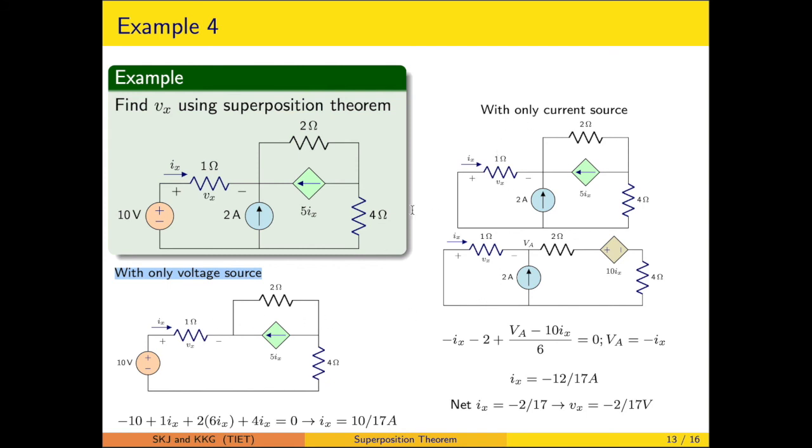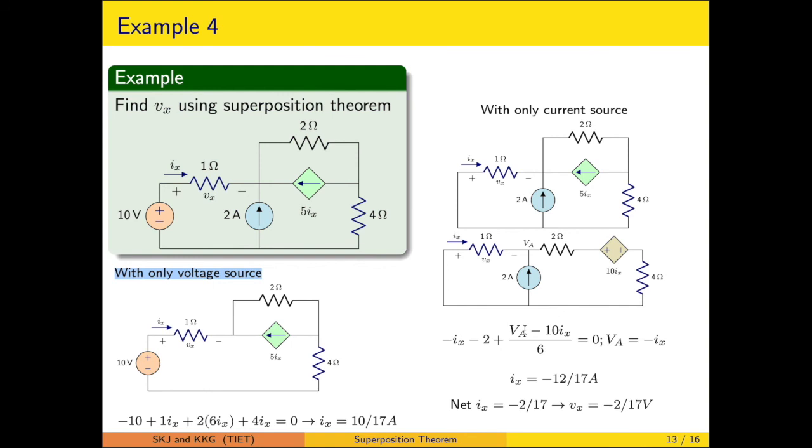With only the current source, the schematic looks like this. Here the voltage source is short circuited. To solve it, you make use of source transformation, so it looks a little simpler. In the source transformation, the current source with a parallel resistance is translated into a voltage source with a series resistance, and you then write the nodal equation. VA is the node voltage.